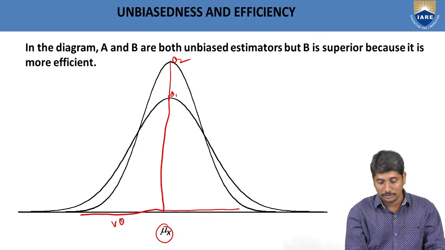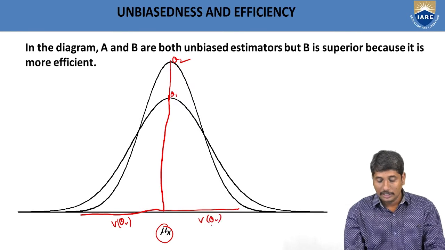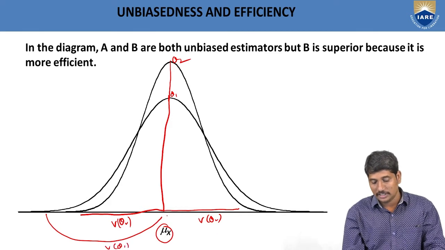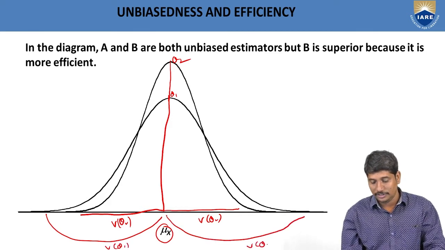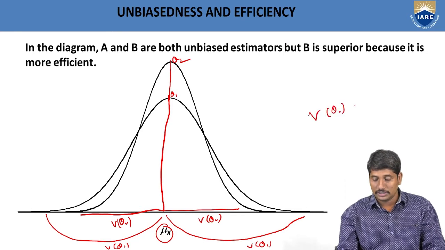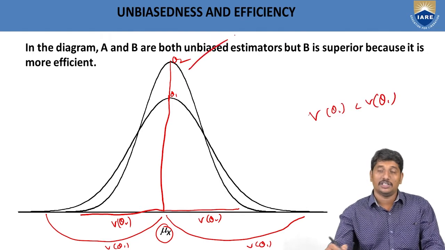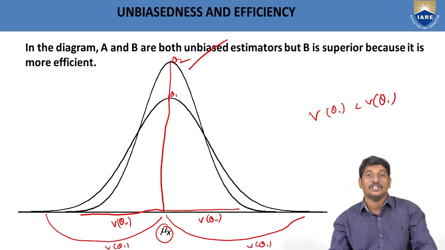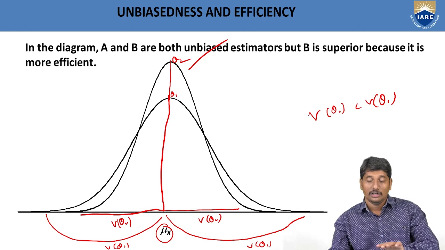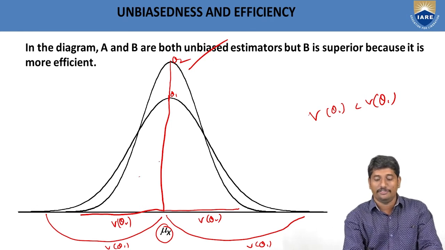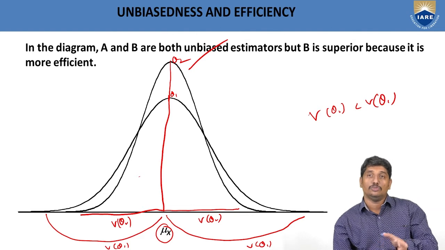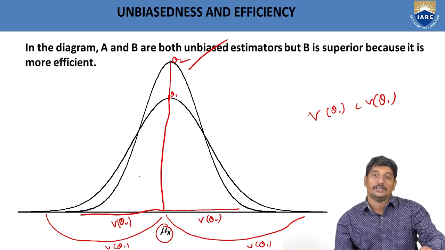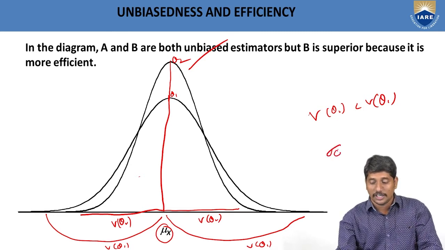The radius of theta 1, that is the range of spread, is v of theta 1, and the radius of theta 2 is v of theta 2. You observe that v of theta 2 is less than v of theta 1, and hence you declare that theta 2 is a more efficient estimator than theta 1. Even though both are unbiased, both spreading equally 50-50, theta 2 will be preferred because it is more efficient, since its variance, that is its standard deviation, is less than that of theta 1.